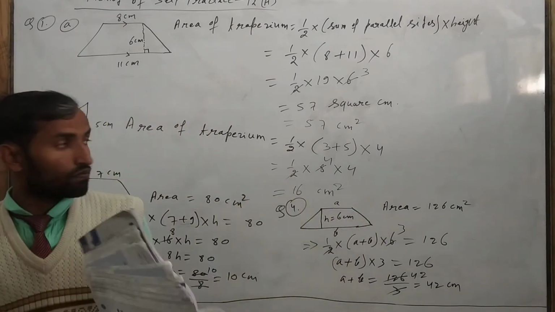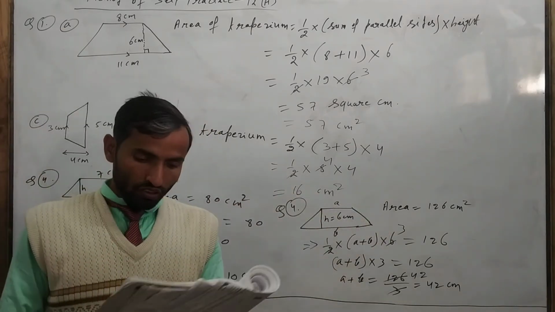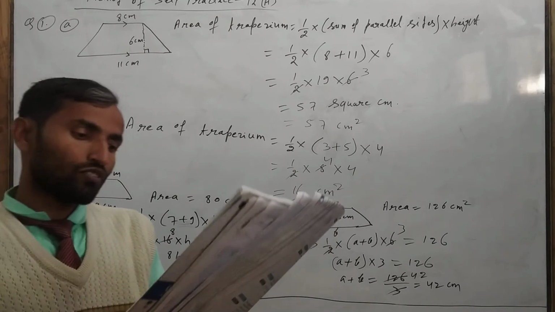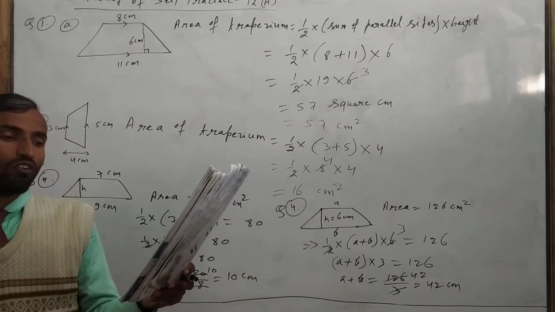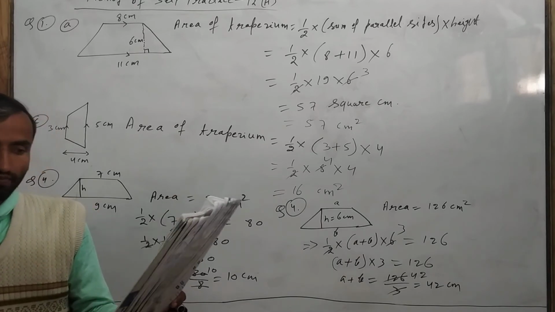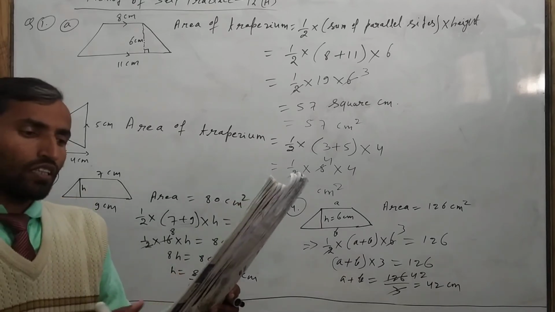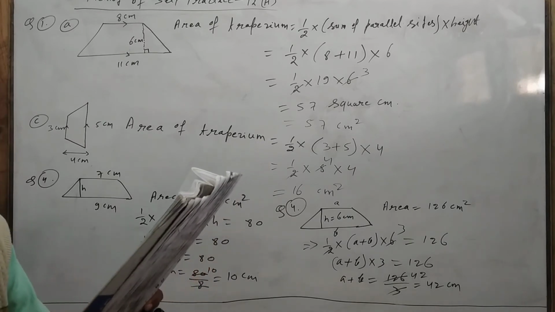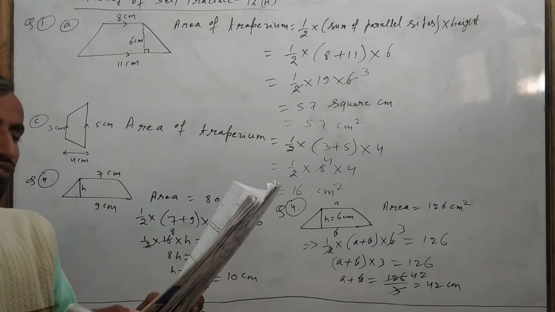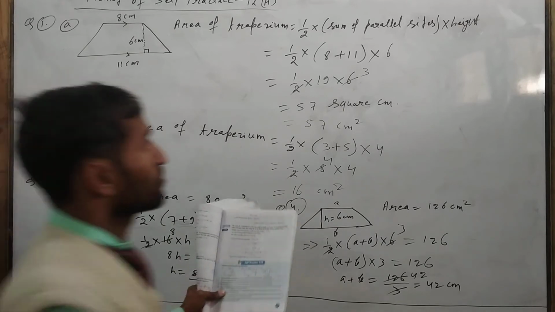Now we will do question number 6. What is given in question number 6? First of all, read the question and understand. One of the parallel sides of a trapezium is thrice the other. The area of the trapezium is 440 centimeter square and its height is given. Find the length of its two parallel sides.